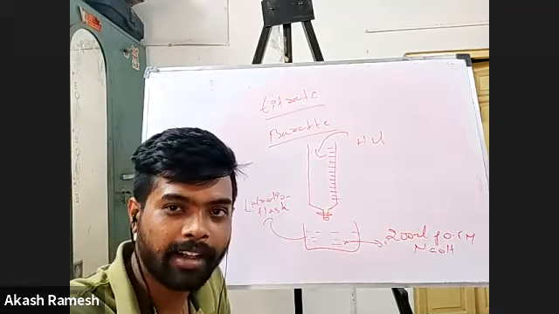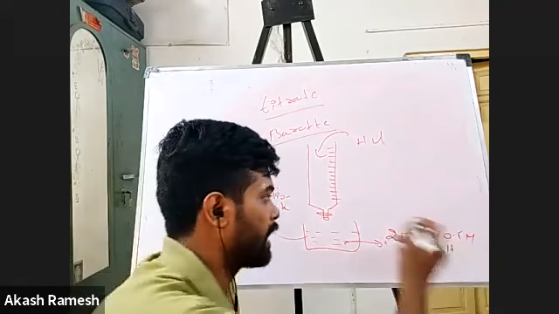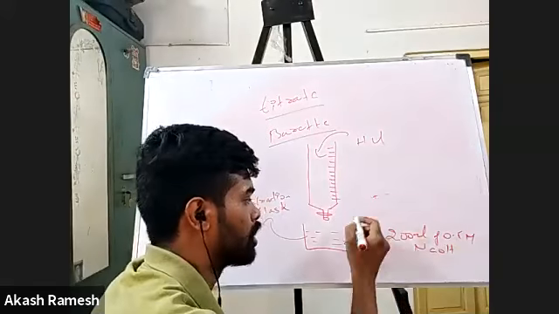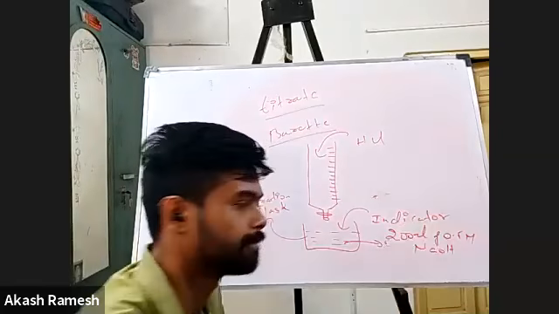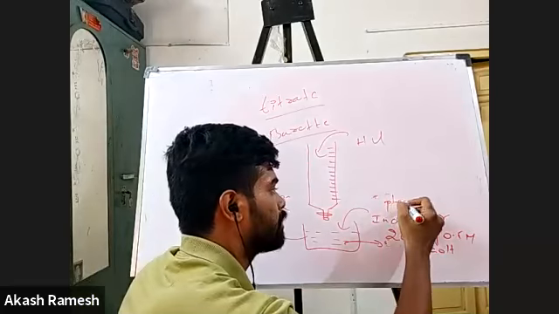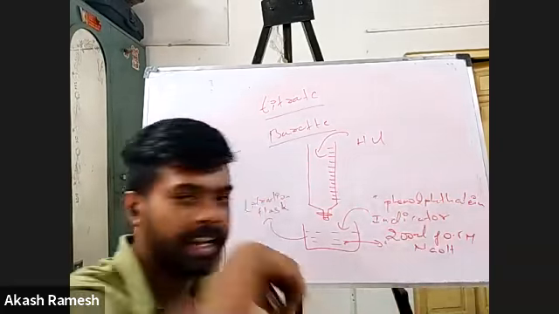Do you know what indicators are? Acid-base indicators, we know what it is, isn't it? So along with this 200 ml of NaOH solution, you will also put an indicator. In this specific case, I will use phenolphthalein as the indicator.